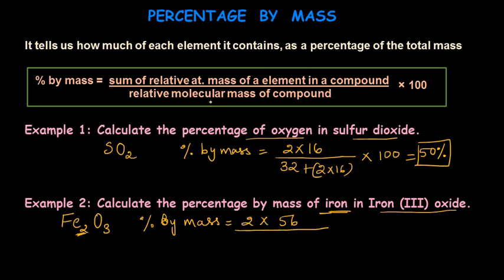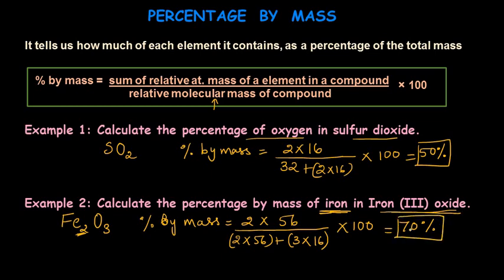Divide by the relative molecular mass of the compound, which can be obtained by summing up the relative atomic mass of all the atoms, then multiply by 100. Here we get the answer of 70%. So the percentage by mass of iron in iron(III) oxide is 70%.